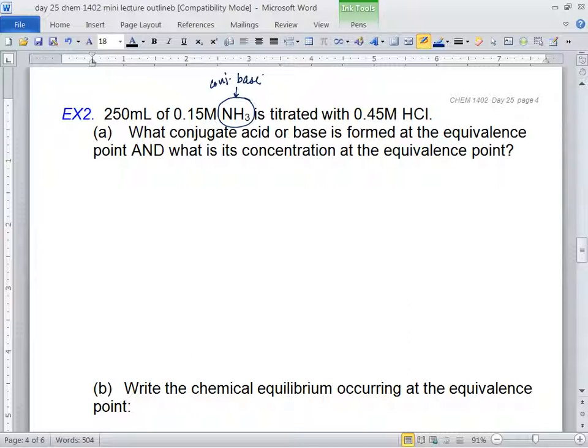NH4 plus. Good deal. It's a conjugate acid. You need to find its concentration. Figure out the moles of it. That's the easy part. And then figure out the total volume. Divide the two, and you'll have its concentration.